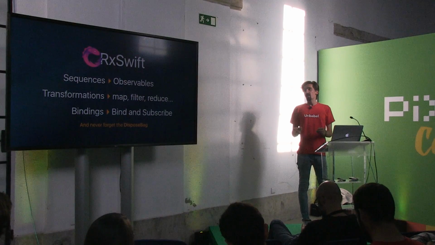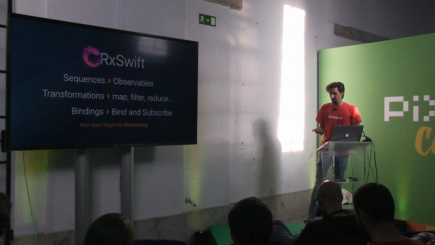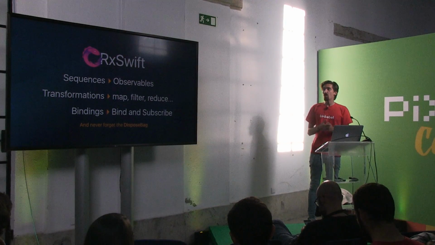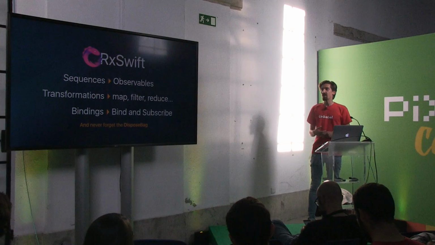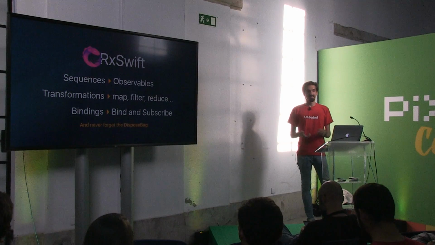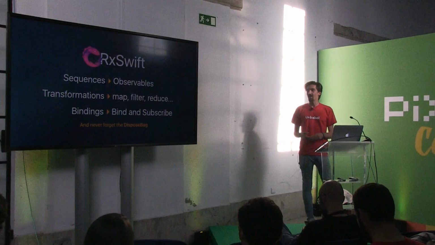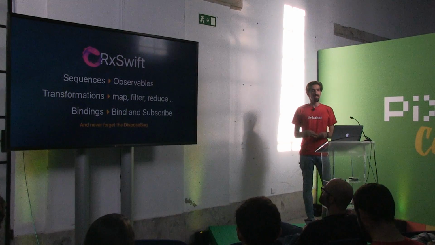You just need to remember to have a dispose bag. And why? Because all this immutability and subscriptions retain objects in memory. And as those of you that develop iOS know, retain cycles are a big no-no for apps.